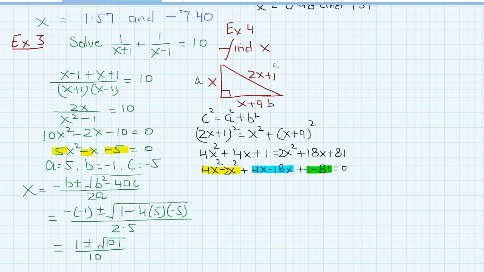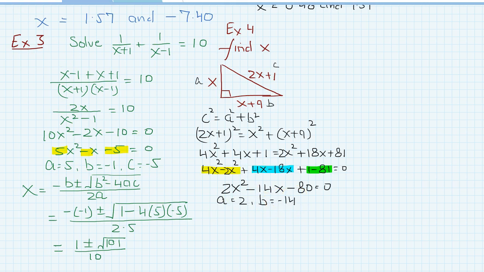I forgot the x square we have, so this is actually 2x square, 4x square minus 2x square. So this is 2x square minus 14x, 1 minus 81 is minus 80, is equal to 0. So we have a is equal to 2, b is equal to minus 14.